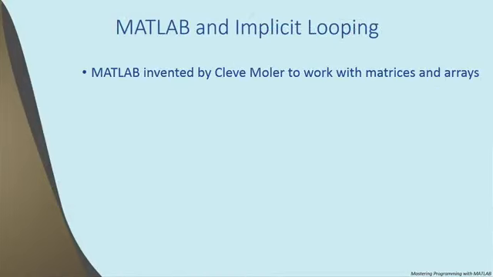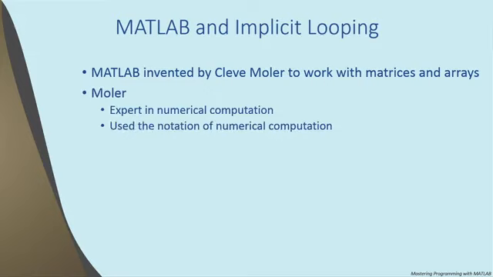The inventor, Cleve Moler, was, and still is, an expert in the field of numerical computation, and he was using the notation of that field every day when it occurred to him that there should be a computer language that incorporated that notation.